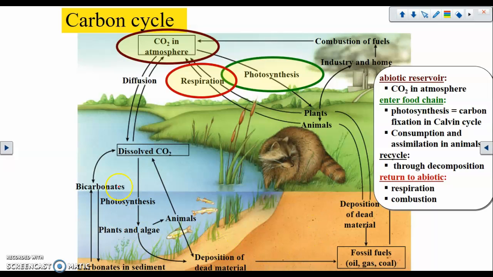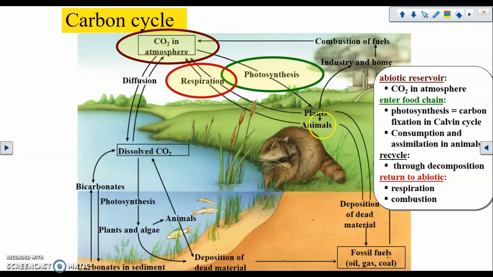So carbon dioxide in the atmosphere, which actually comes from plants and animals as well, is taken up and converted into glucose through photosynthesis by plants. So they enter the food chain through photosynthesis right here.